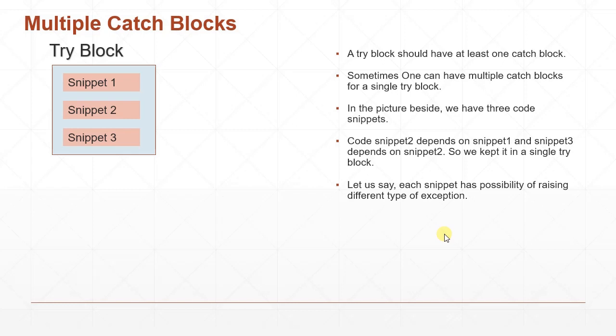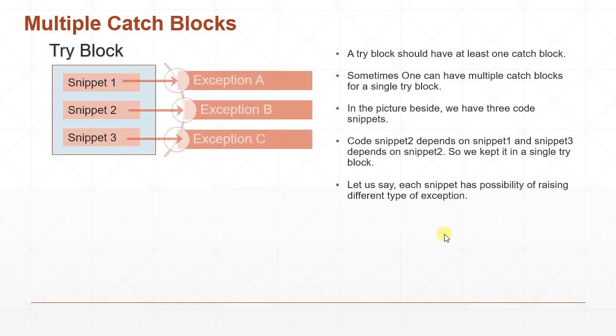Now let us say each snippet has the possibility of raising a different type of exception. If you look at the picture, snippet 1 raises an exception of type A, snippet 2 raises a different exception of type B, and snippet 3 raises an exception of type C. We already said that we cannot have separate try blocks for snippet 1, snippet 2 and snippet 3 because they are dependent on each other.